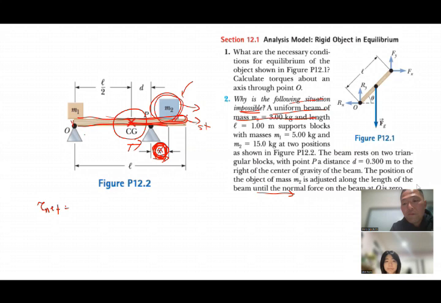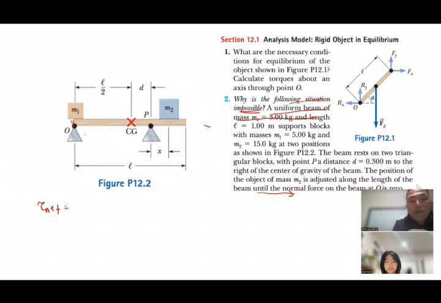Okay. So I was not sure what this question actually asks to solve, so let me just explain what I understood from this question, and then maybe we can find out what that means. Okay, so net torque between these two masses.